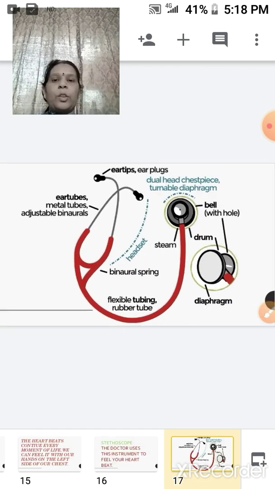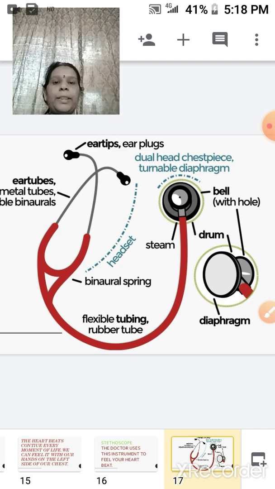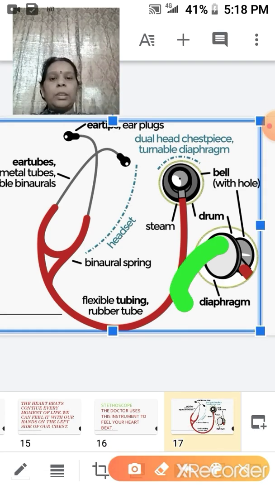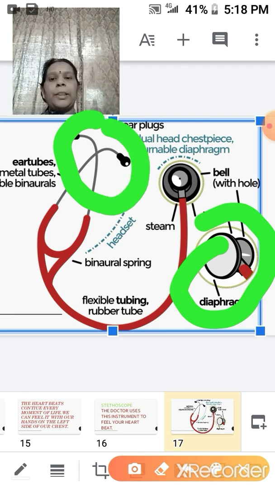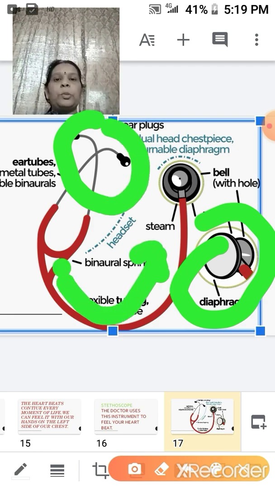Stethoscope has got three parts. One is the diaphragm, here you can see. The other one is the earpiece. And in between it has got a tube which connects both these parts.